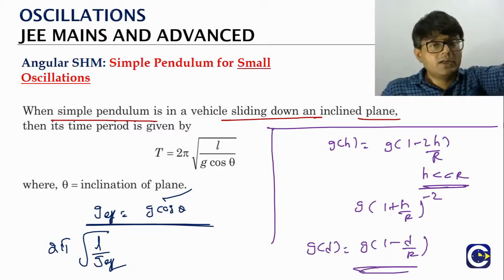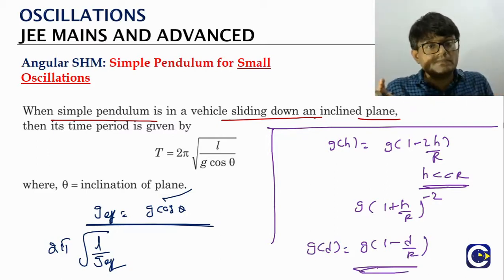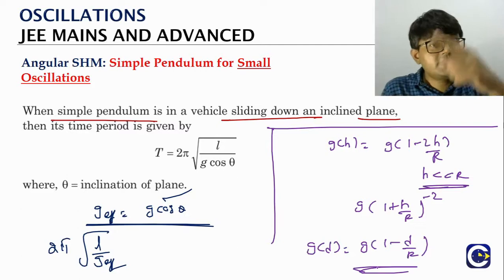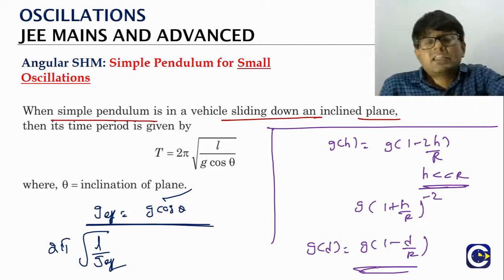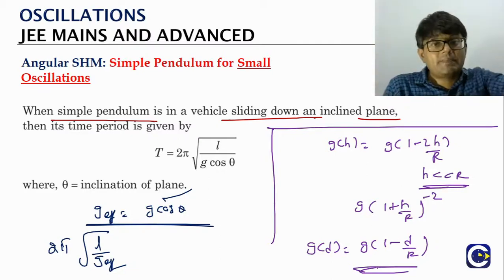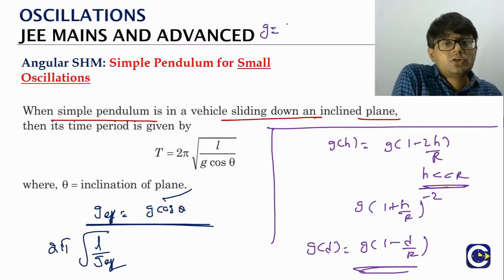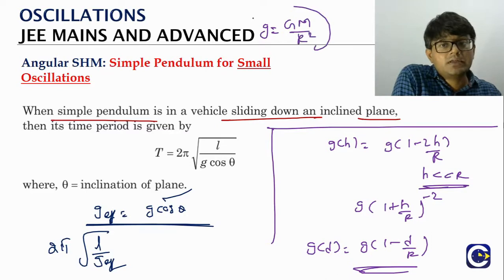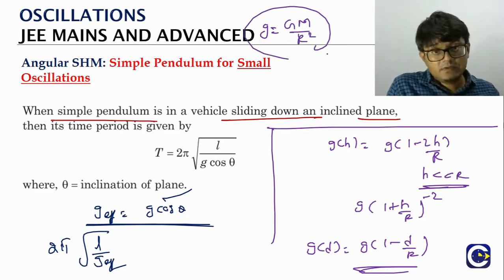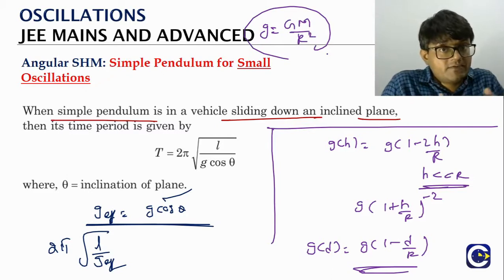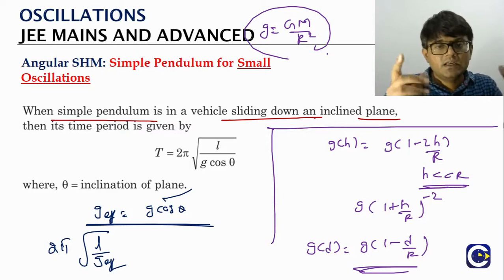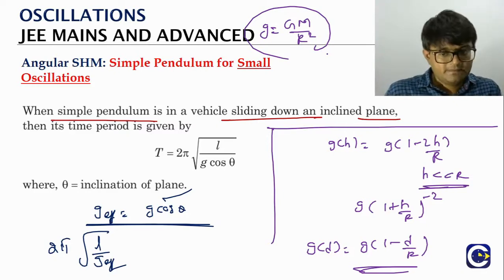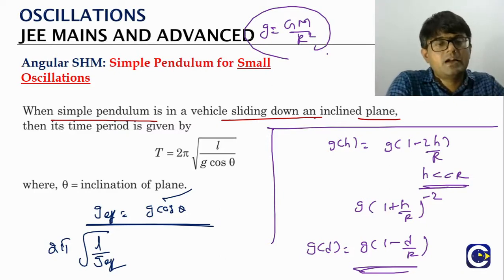So if you go to a height or a depth, the g value will change. Again, g changing means the period of oscillations will change. Even if we take the pendulum setup to some other planet, remember, the acceleration due to gravity on the surface of a planet is capital G M by r square. Depending upon the mass and radius of the planet, the g value will change from planet to planet, and hence the period of oscillation also will change.